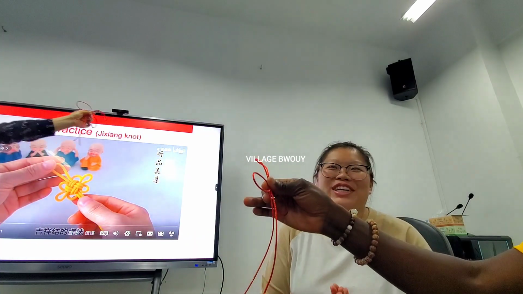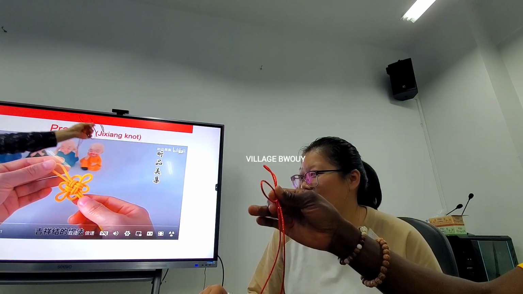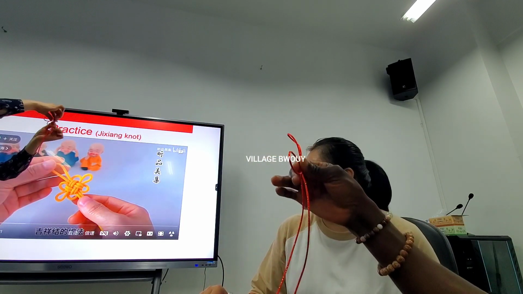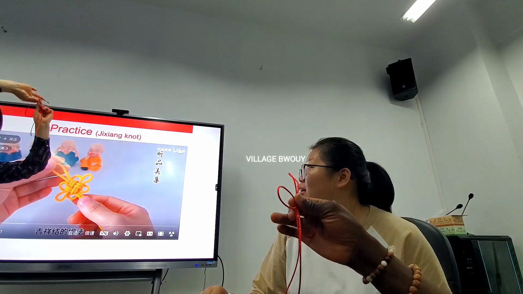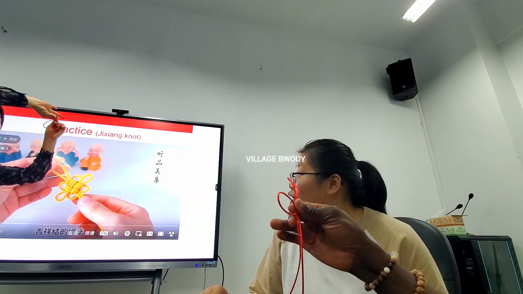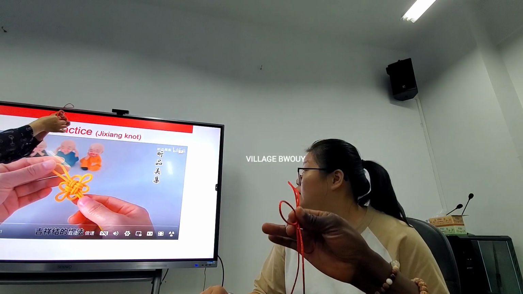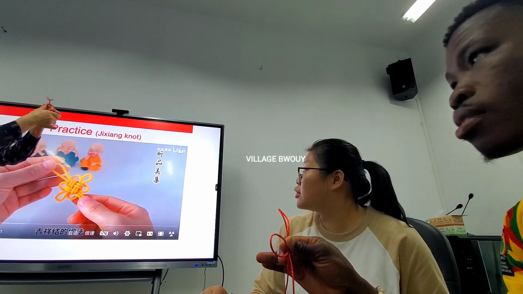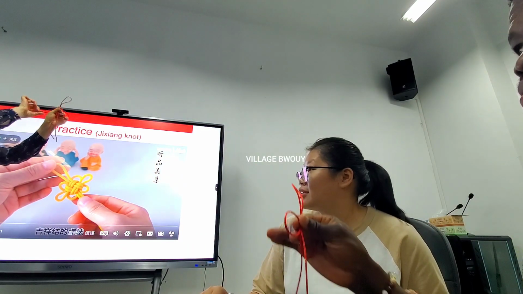I didn't see it at first, but you understood. So in the middle, it would be in this way, right? You hold it in this way. So you have 4 ends. If I say this is the first end, this is the second, the third, and the fourth, right?